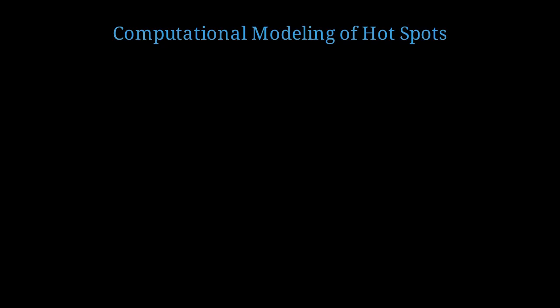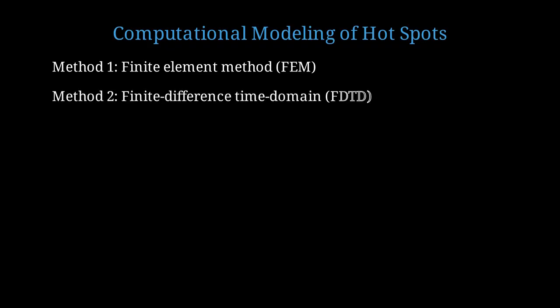Computational modeling is essential for understanding and optimizing plasmonic hotspots. The finite element method divides space into small elements and solves Maxwell equations numerically. It handles complex geometries well, but can be computationally expensive. Finite difference time domain methods discretize both space and time, directly solving Maxwell equations in the time domain.